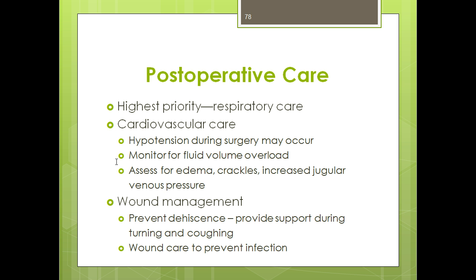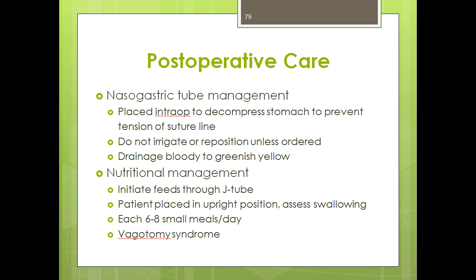Prior to surgery, a person may have to get nutritionally strong for 2 to 3 weeks, or 4 weeks prior to the surgery. As far as post-operative care, you want to manage the nasogastric tube.